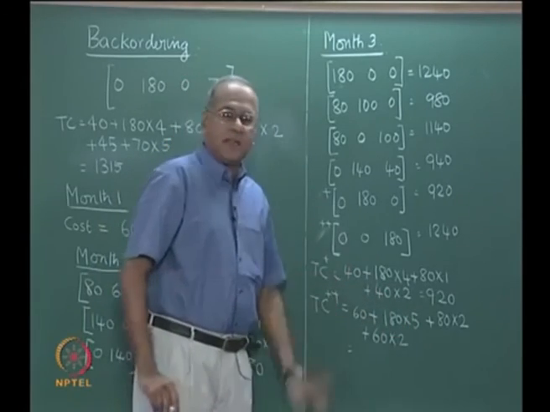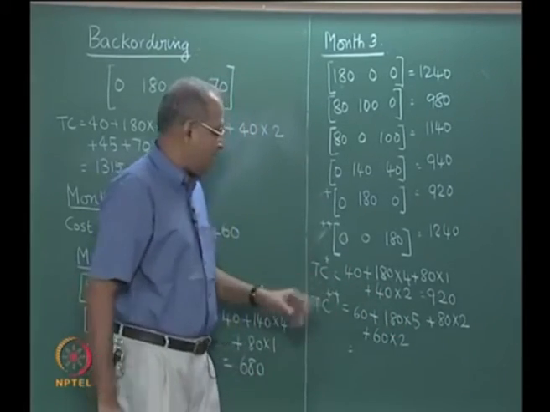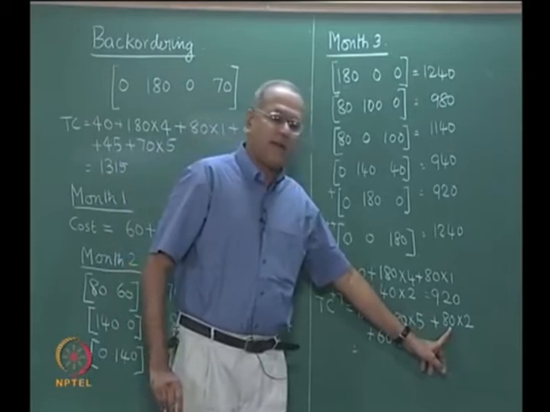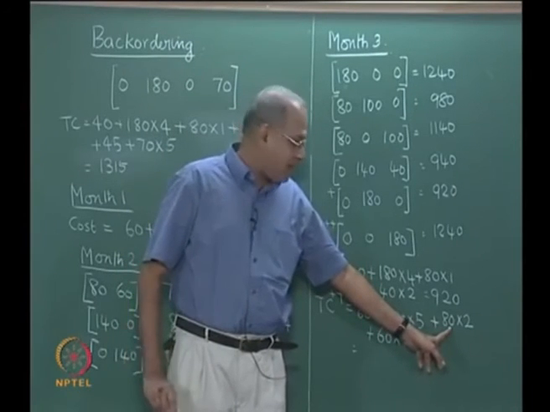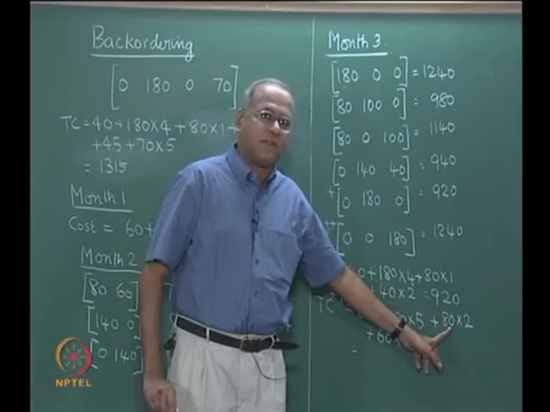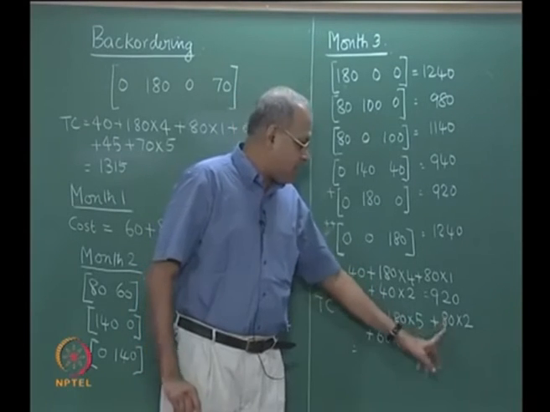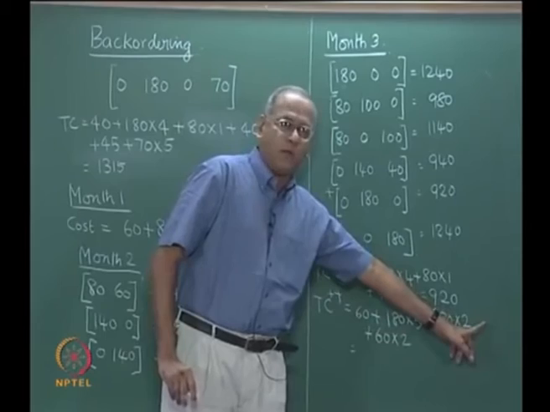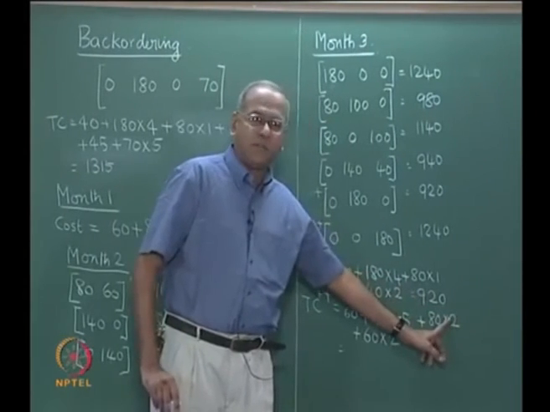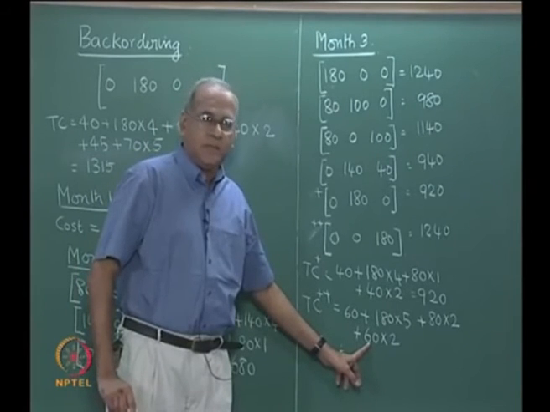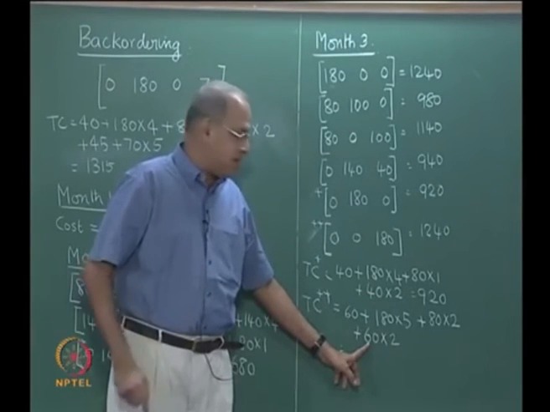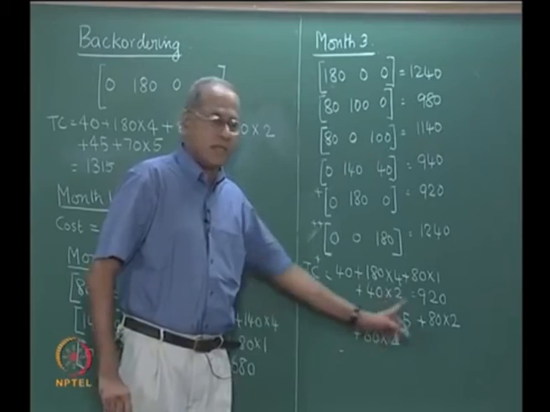When we do the back order calculation, we go back here and say that the first period demand of 80 is back ordered for 2 periods. Now per period back ordering cost for the first period demand is 1, therefore 80 into 2 into 1, 1 is the cost, 2 is the number of periods. Here similarly 60 is the quantity back ordered, it is back ordered for 1 period with a cost of 2, so 60 into 2.